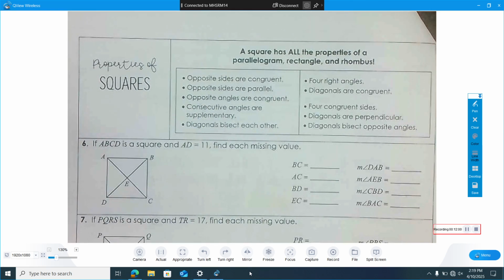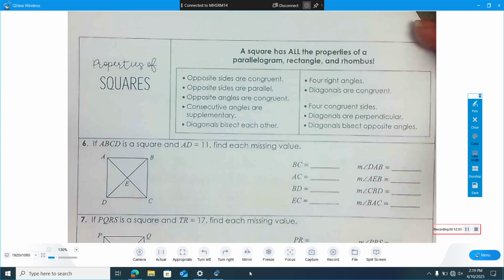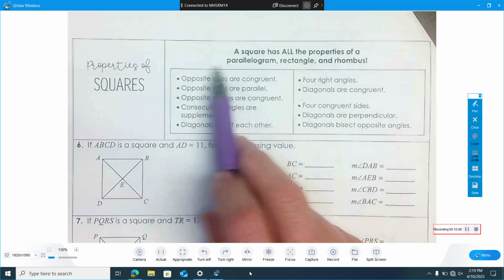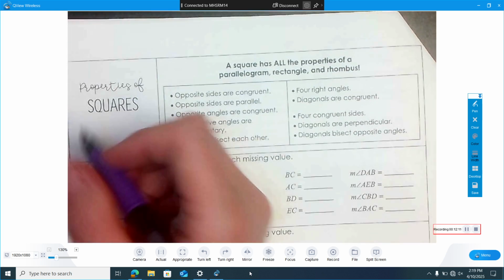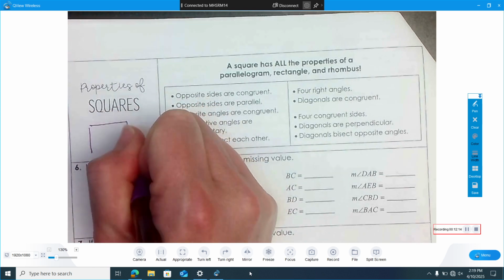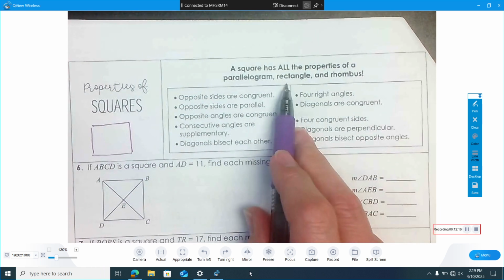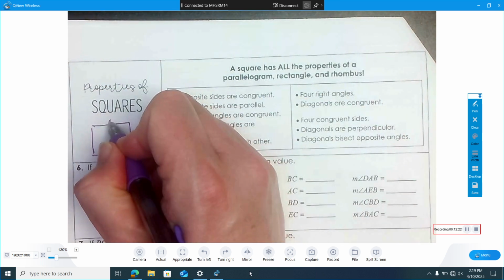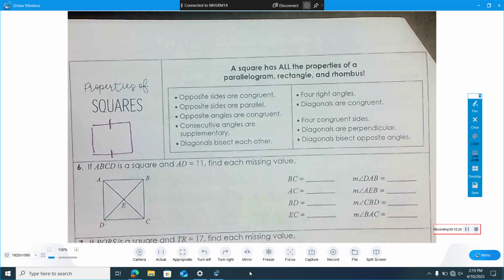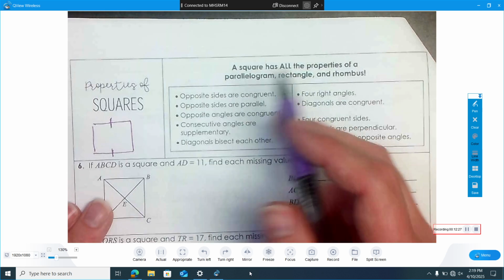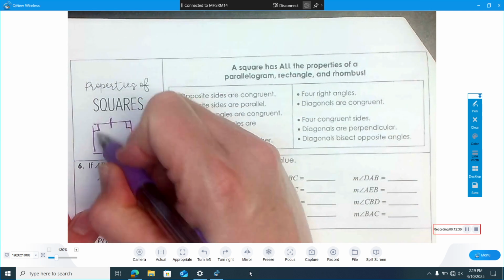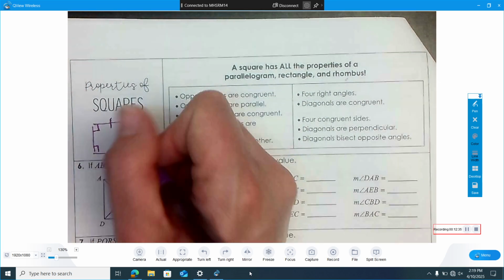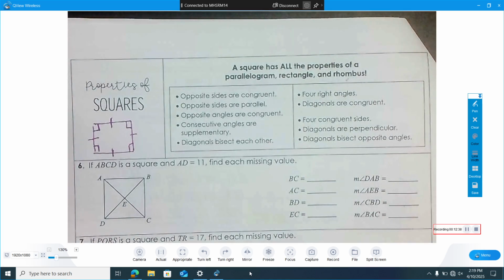Okay, so a square is the most specific quadrilateral that we have, and it has the properties of all of the things we've been talking about. It has two sets of parallel sides. It has the properties of a rectangle, that their diagonals are congruent, and that we have right angles, and the properties of a rhombus where all four sides happen to be the same length.